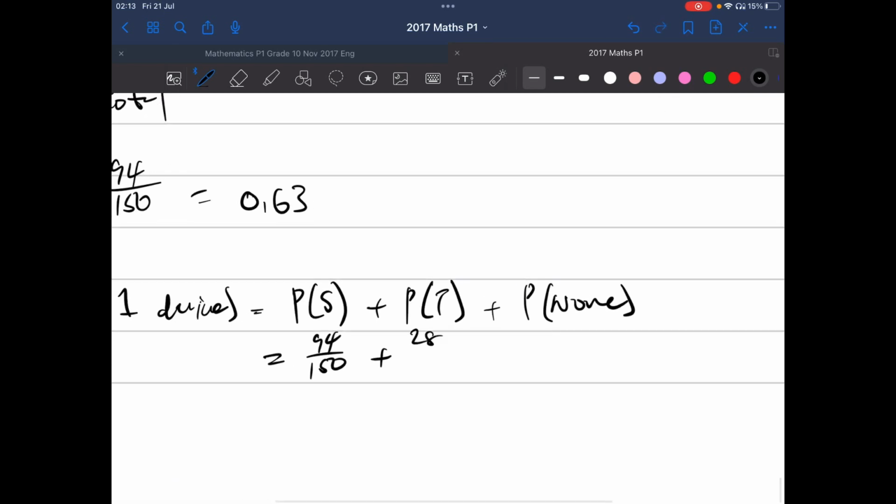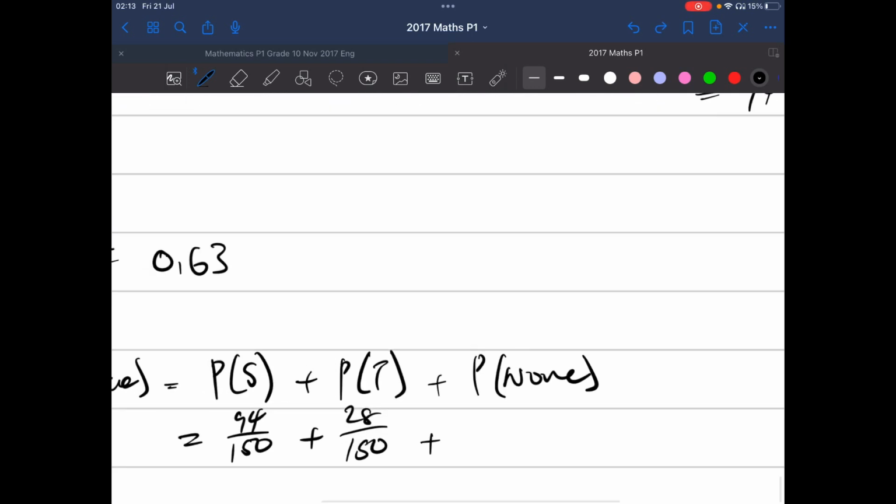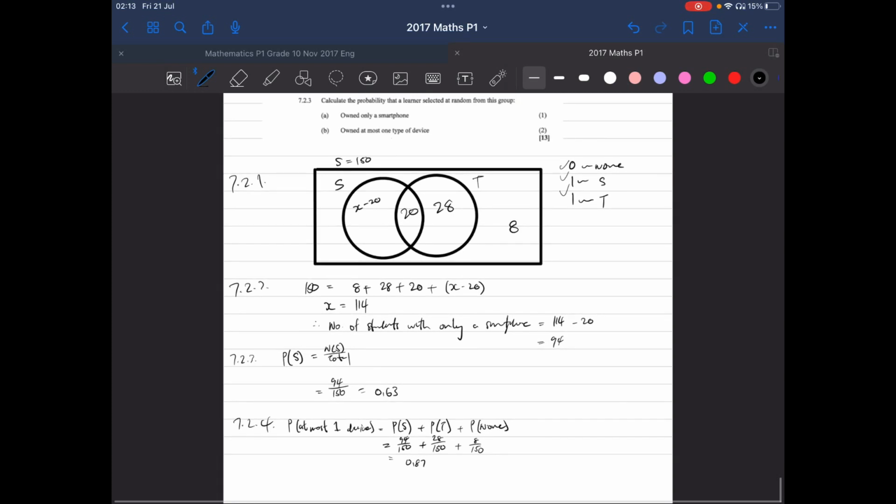So it's 28 over 150 plus the probability of none, which is 8 over 150. Now if you add that all up and put it in your calculator, you should get 0.86 or 0.87.